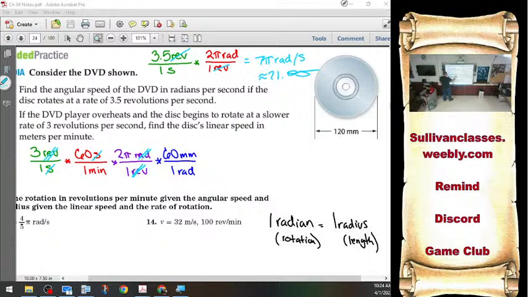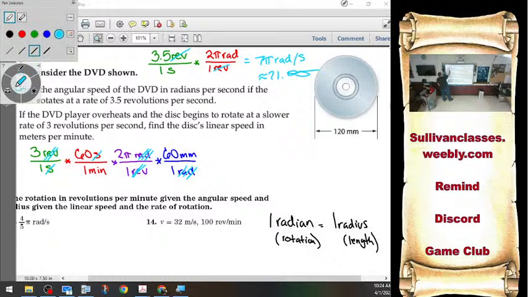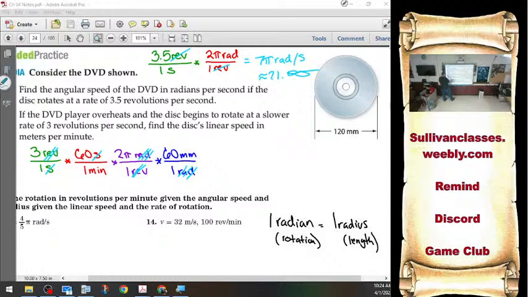So, radian, radius. Do we remember metric? How do I switch millimeters over to meters? No, divide by 100. No. Milli is a prefix for 1,000. 1,000 millimeters is 1 meter.